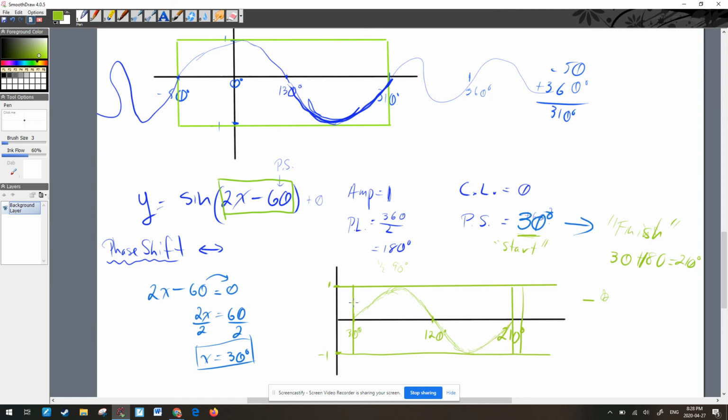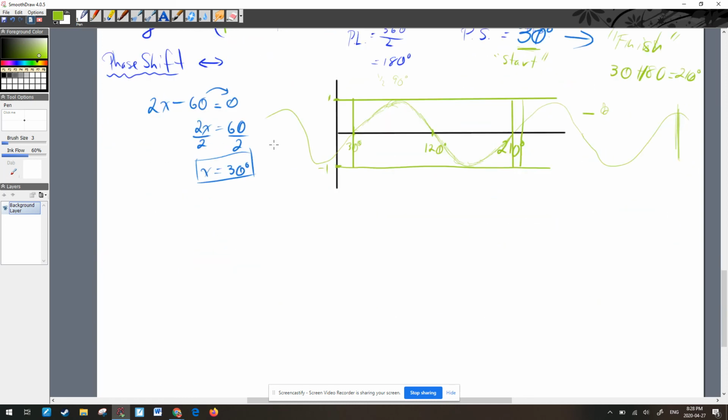Now, that is only one period length. Again, it would go on forever. It would keep doing cycles in this direction. But I'm only going to be concerned with you drawing this one period length. We would need to have a second period length out here that we actually finished off. But there we go.